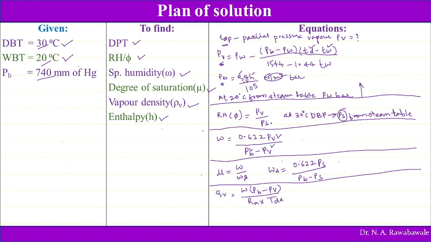This is important here. What we must remember is that this dry bulb temperature must be in degree Kelvin. So omega is known, PB is known, PV is known, and R is also known. TD is also known, so we can find out rho V.